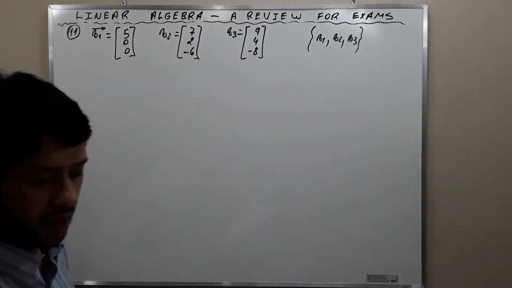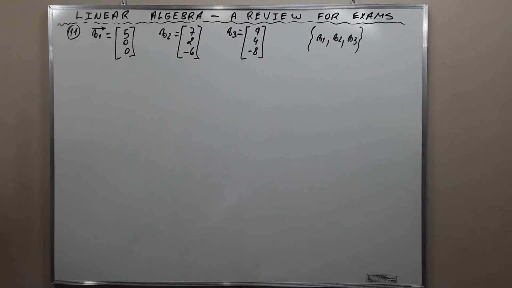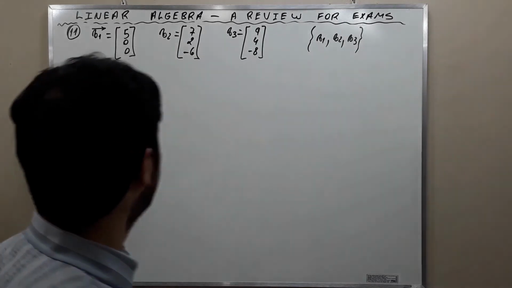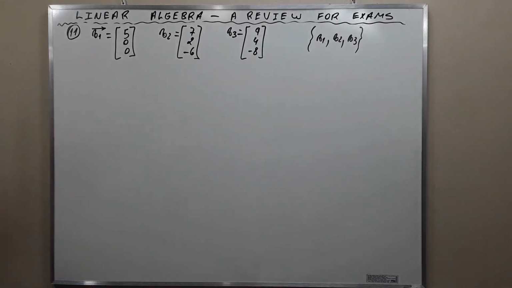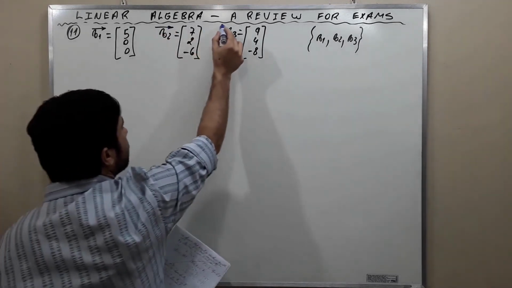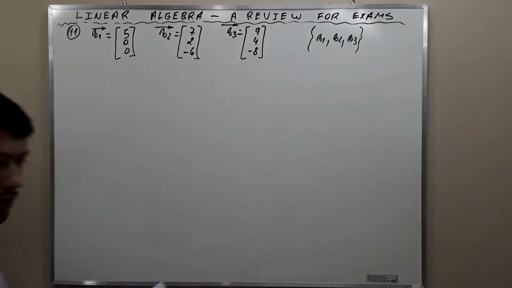Exercise 11, determine if the vector set V1, V2, and V3 are linearly dependent. Okay, the objective is to see whether they are linearly dependent. And how do we know that they are linearly dependent?